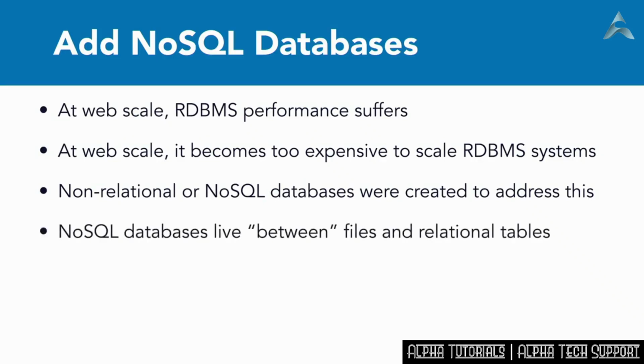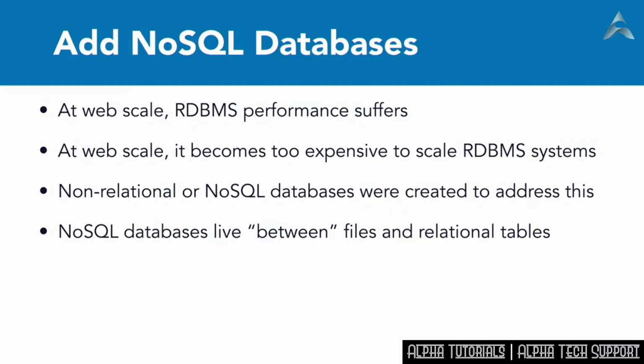NoSQL databases live in the space between files and relational tables. Some people like to talk about semi-structured tabular data or quasi-relational. And we'll be looking at specific types, whether it's JSON type of data, XML data, or other types of data.